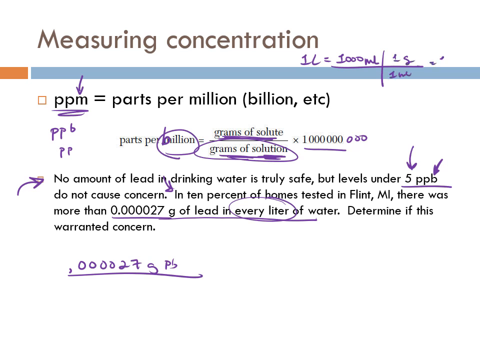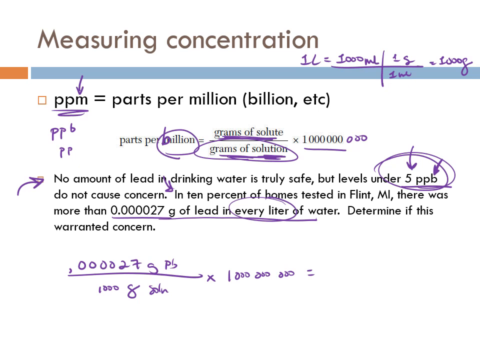So if I have a liter of water, I should have just about 1,000 grams of water. So 0.000027 grams divided by 1,000 grams of solution. And then to get parts per billion, we're going to multiply by 1 billion, which is 9 zeros.